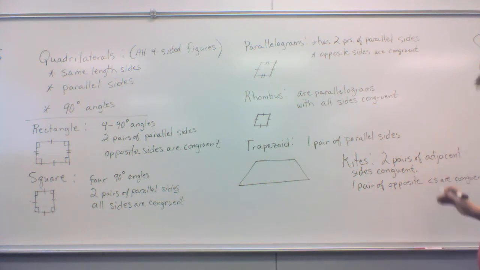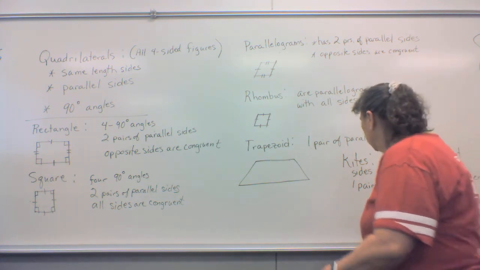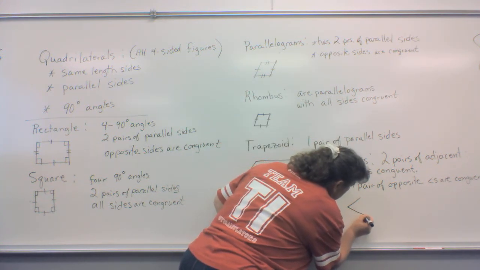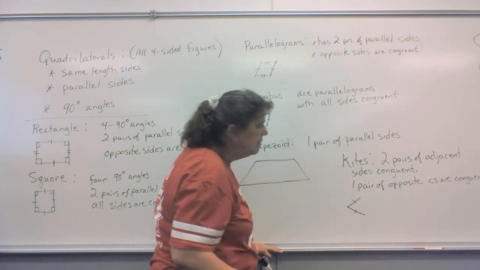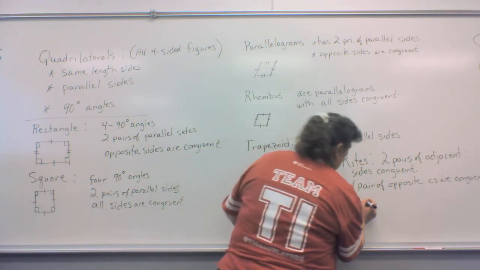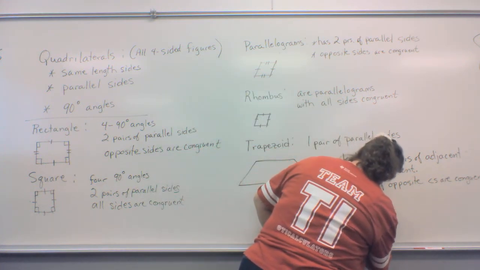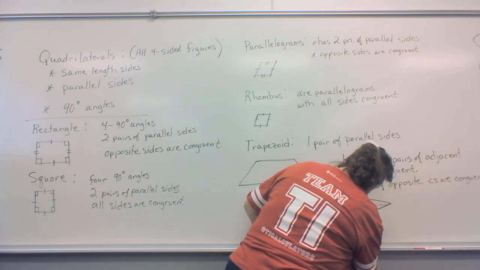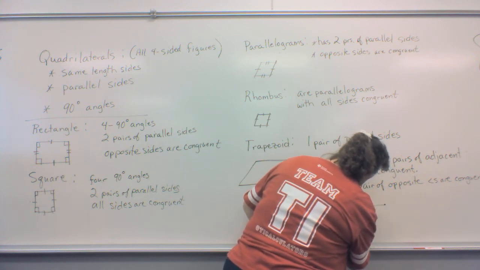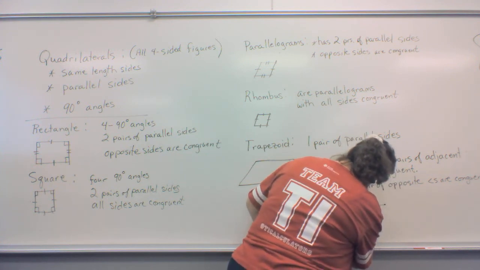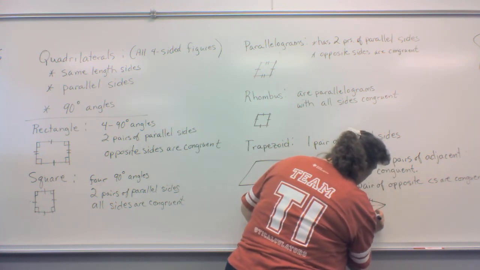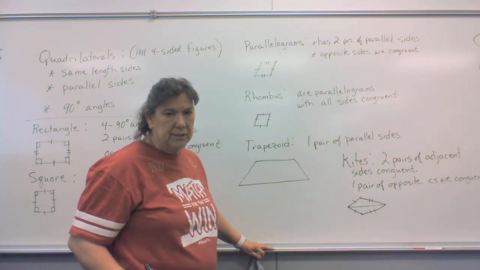Okay, so a kite. What does a kite look like? Well, a kite has two pairs of sides. That's one pair of adjacent sides, which are the same, are congruent. And then another pair of adjacent sides which are congruent.